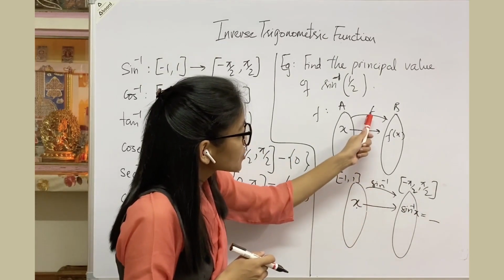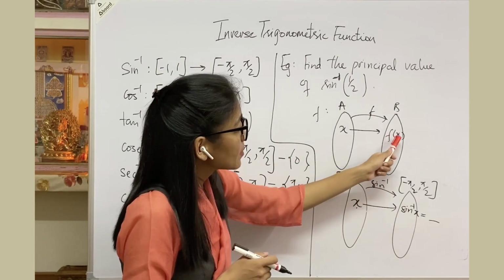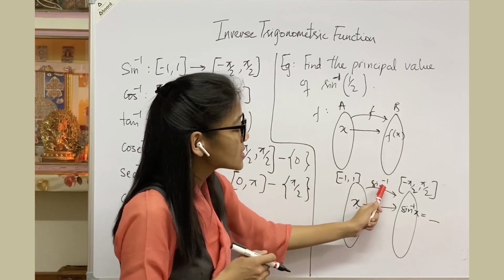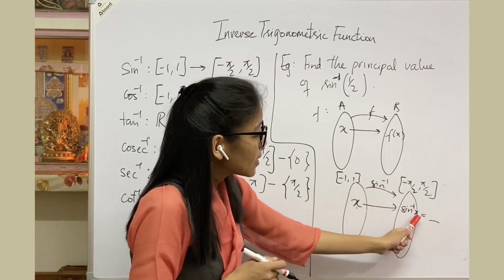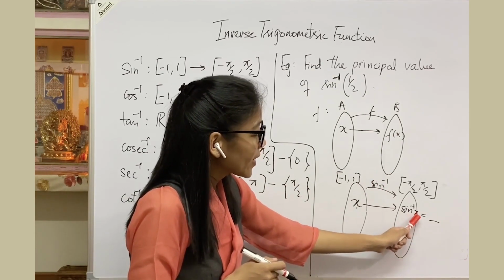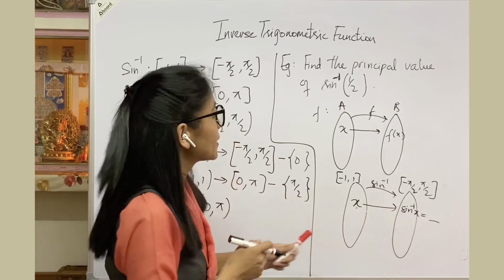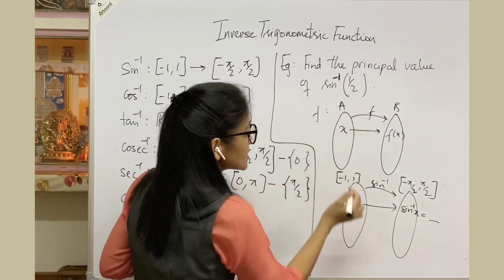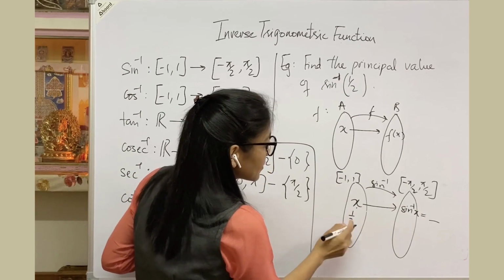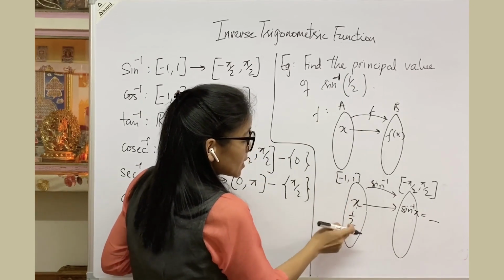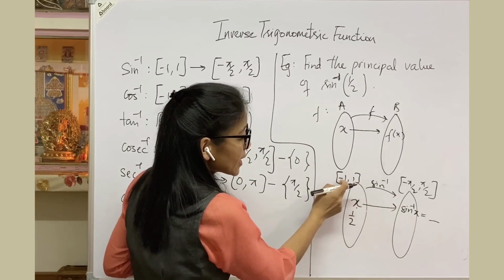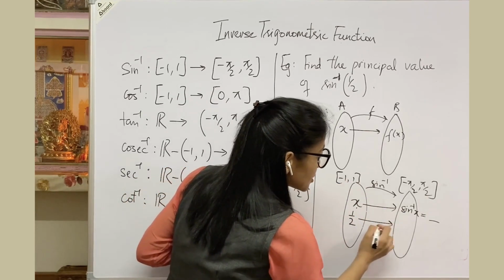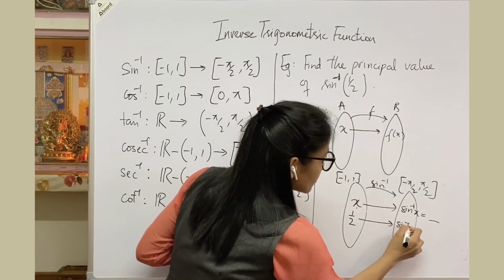First you understand this. When I take function f, we write image of x under function f. Similarly here my function is sine inverse, so I can write image of x under function sine inverse. Now this is sine inverse of half, which means you take the element half in this set. Half is in the interval -1 to +1. Now you have to find its image, that is sine inverse of half.